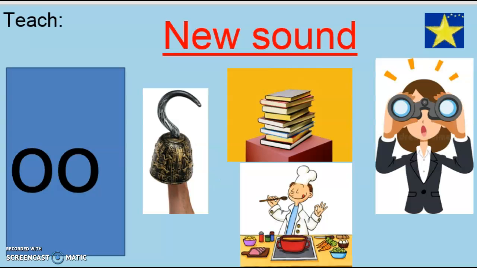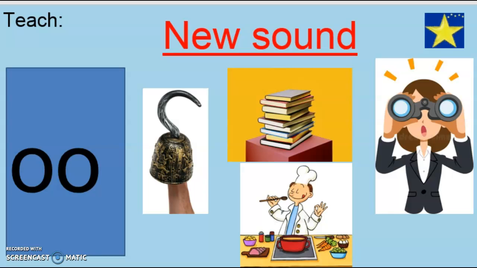I've got some pictures here, and the words include the sound oo. Let's have a look. We've got a hook. Can you say the word with me? Listen out for the oo sound. Hook, book, look, and cook.